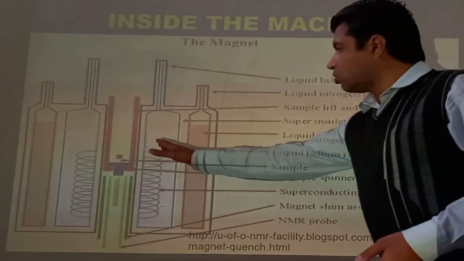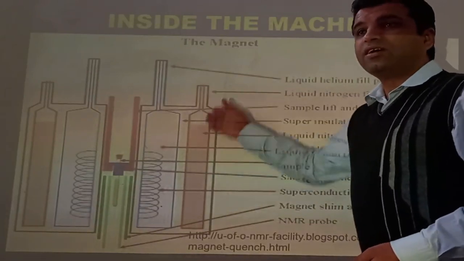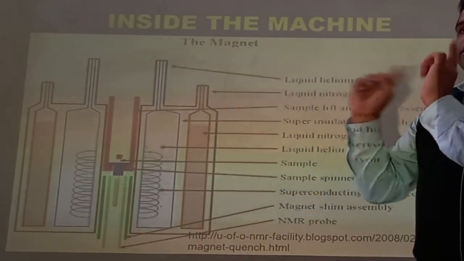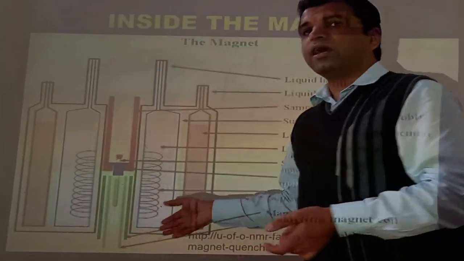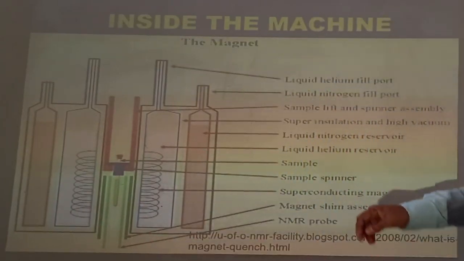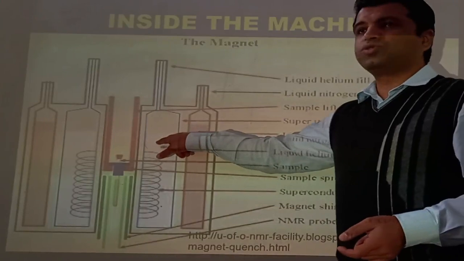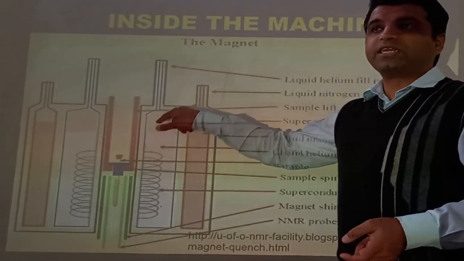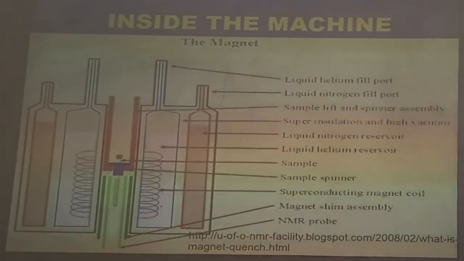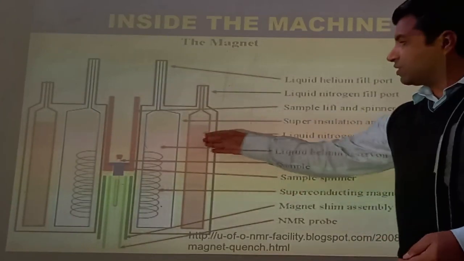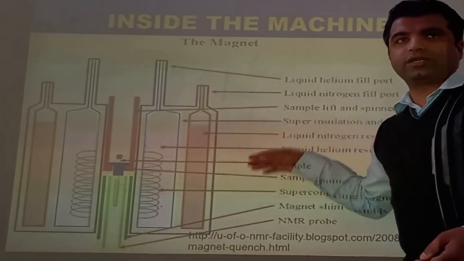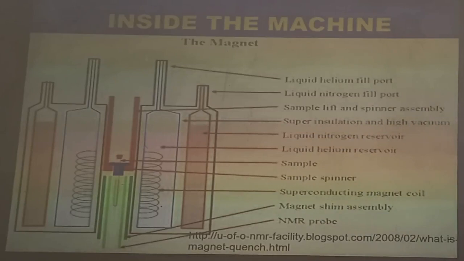On the outer core, we have another container that contains liquid nitrogen. This liquid nitrogen is used to keep this liquid helium in liquid state. Because this is in direct contact with the external environment, it's more obvious that this liquid nitrogen will evaporate more quickly as compared to the liquid helium, which is on the inner side.